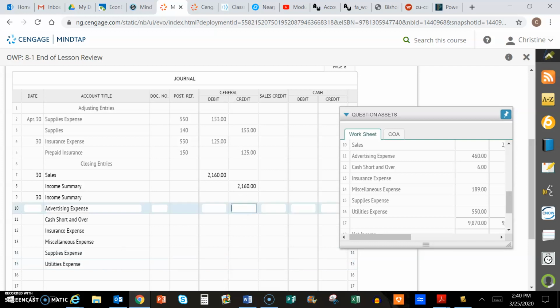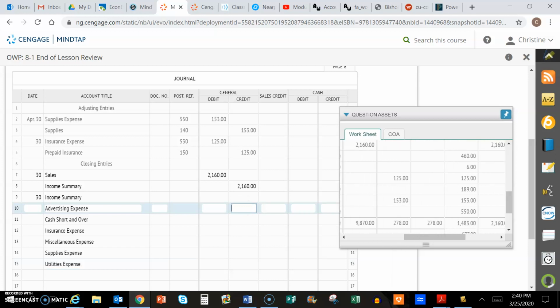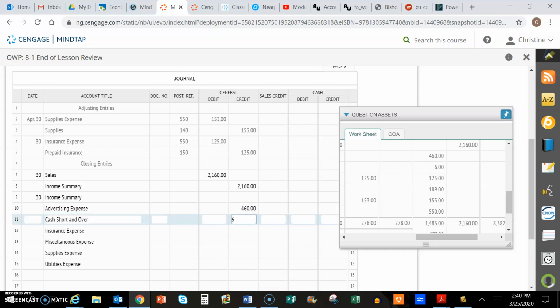Okay, so I'm going to credit these for the amount that I see under the income statement debit column. So that is $460 for advertising, $6 for cash short and over, $125, $189, $153, and utilities is $550. We would add all of them up and we would put the amount as a debit to income summary. So I can add them all up, or I can just grab this 1483 that I see over here.